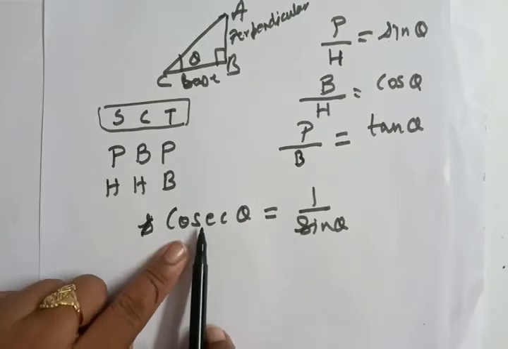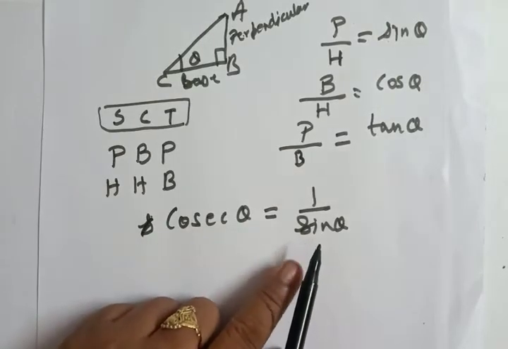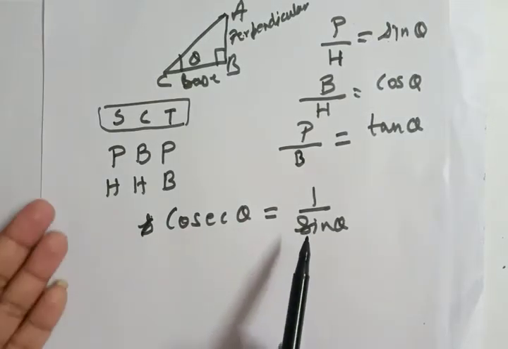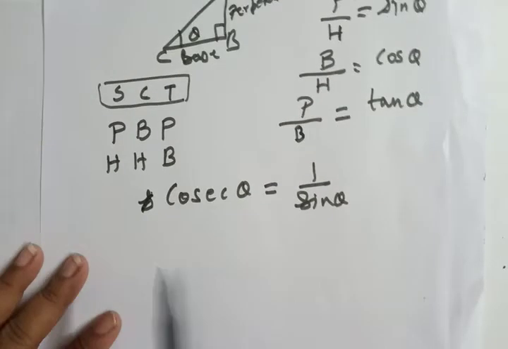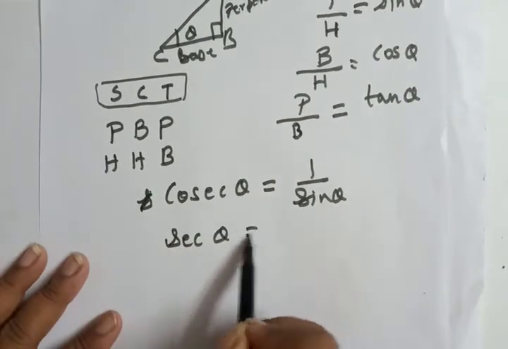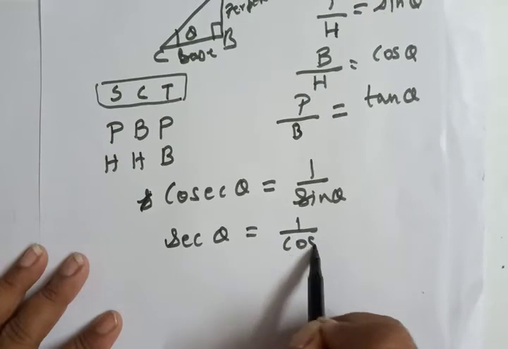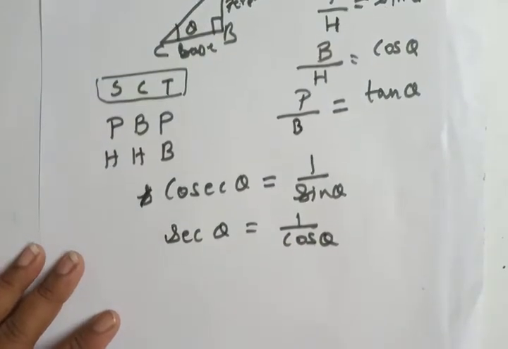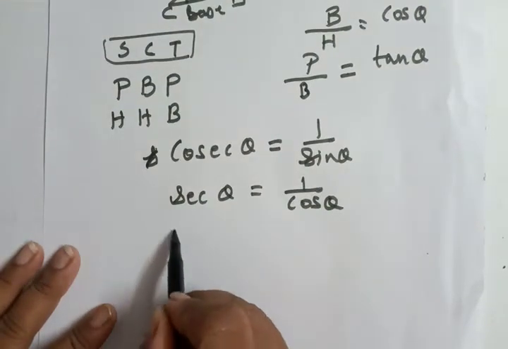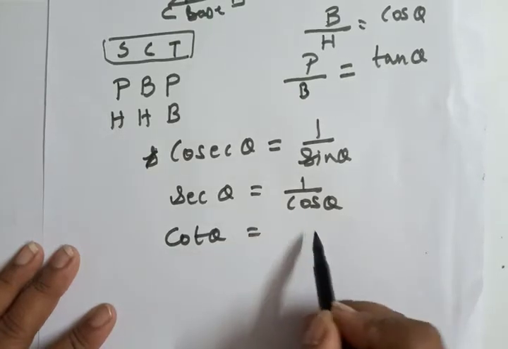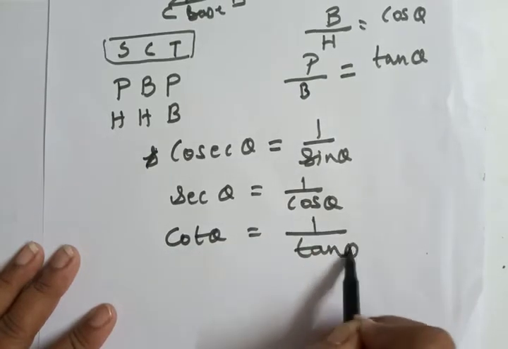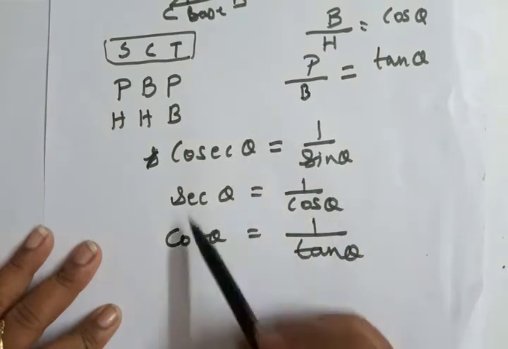So cosec theta is the reciprocal of sine theta, or we can say sine theta is equal to 1 upon cosec theta. Same, sec theta is equal to 1 upon cos theta. And cot theta is equal to 1 upon tan theta. So these are the reciprocals.